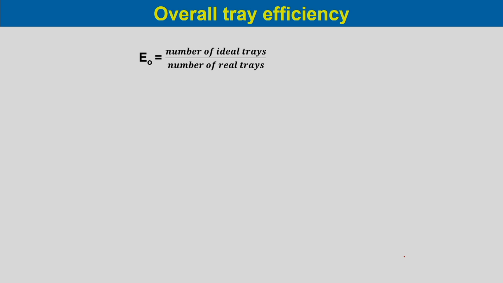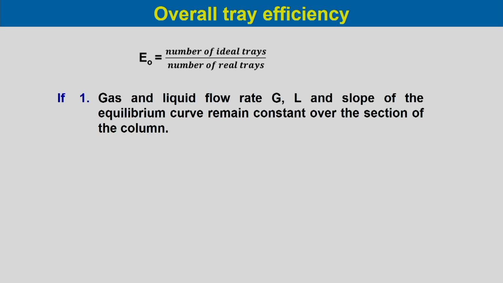Overall tray efficiency E_O is the number of ideal trays divided by the number of real trays. If the gas and liquid flow rates G and L and the slope of the equilibrium curve remain constant over the section of the column, E_MG remains the same for all trays.